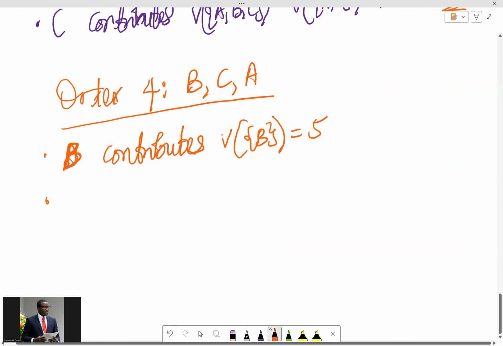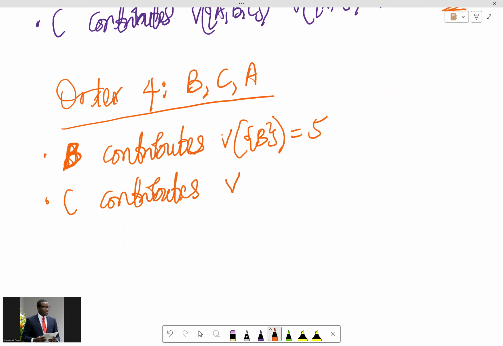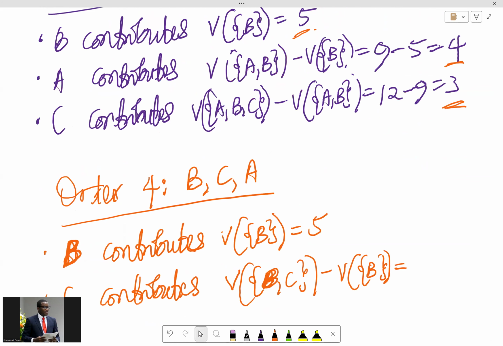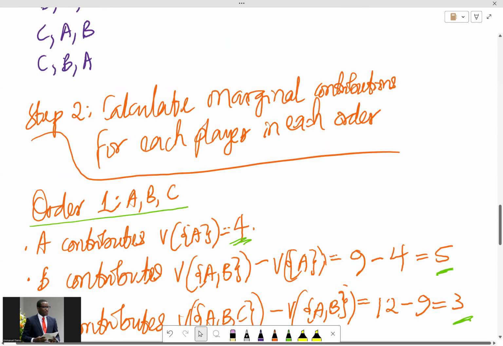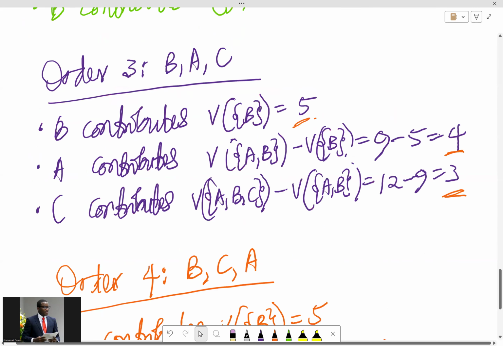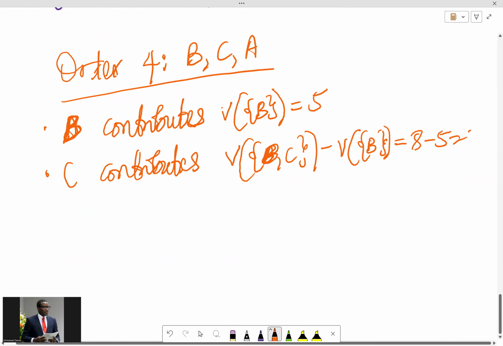Then next, we see that C contributes the value of the coalition between B and C, minus the B that was already there. So what's the coalition between BC? That is 8. So we have 8 minus 5, and that is 3.